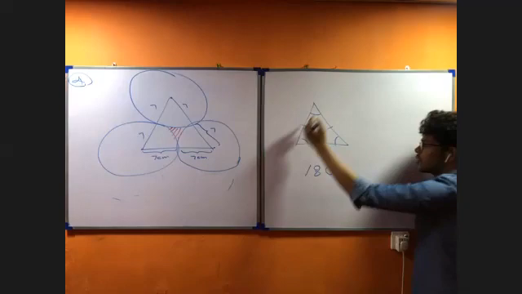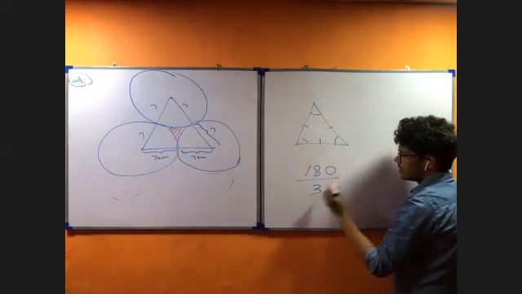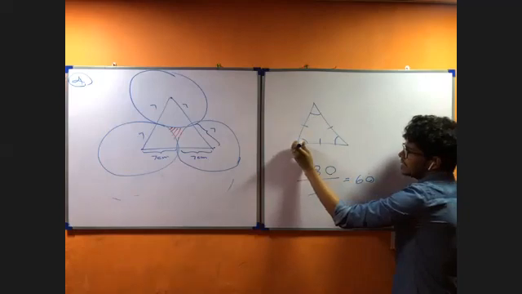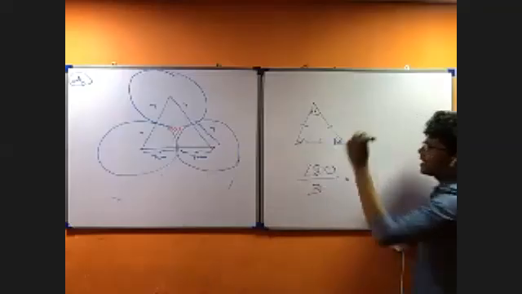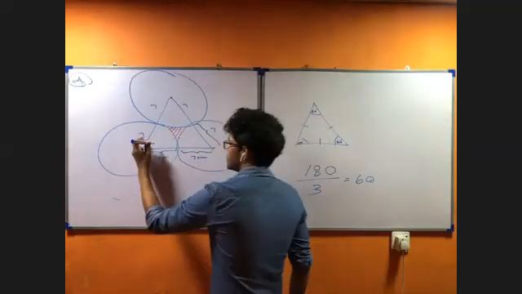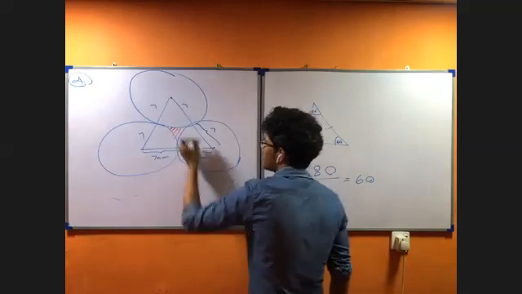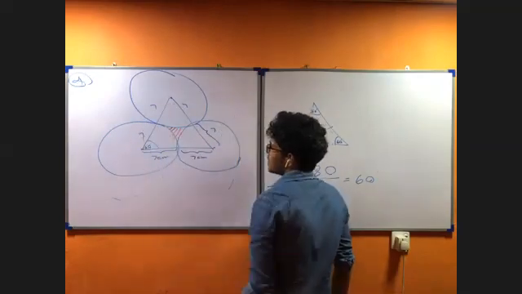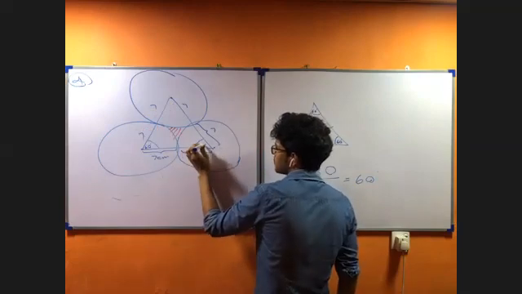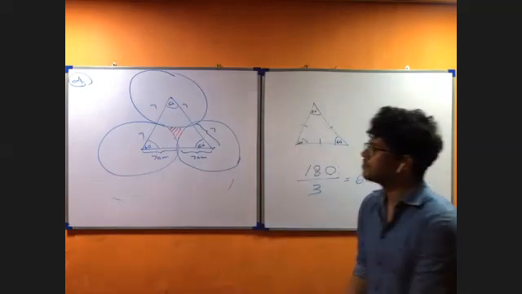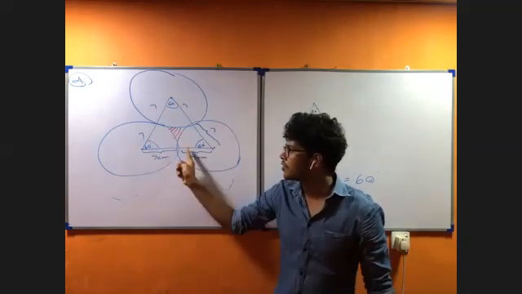If they are equal, you simply divide by 3, which gives you 60. So this angle is 60, this angle is 60, and this angle is 60. So each angle of an equilateral triangle is 60 degrees. These are the properties of equilateral triangles.